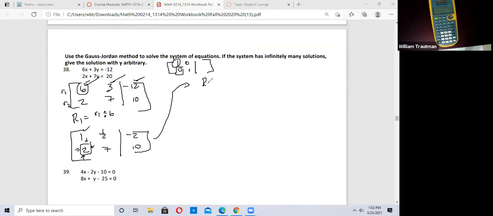I'm going to take the old row 2 and subtract row 1. 2 minus 1 is not 0, so I have to put a 2 here. Do you see? Row 2 is 2 minus 2 times row 1. Because I need to get a 0, I have to put a 2 in front of that row 1. 2 minus 2 will give me 0.